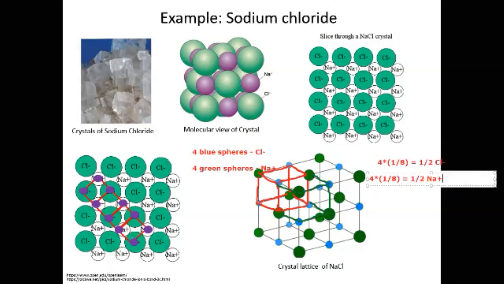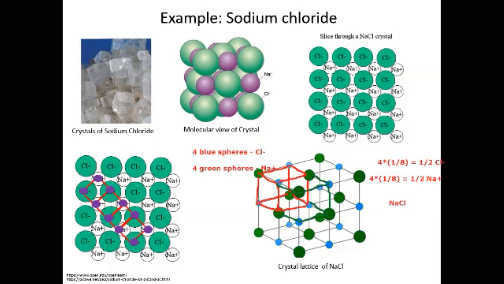Now the number of ions is not very important, but what you should see is that it has the same number. So there's 1/2 chloride and 1/2 sodium. So this is a 1-to-1 ratio, and that's correct because sodium chloride is 1-to-1. For every 1 chloride, there's 1 sodium. So in this unit cell, for every 1/2 sodium, we have 1/2 chloride, which is correct because it's a 1-to-1 ratio.